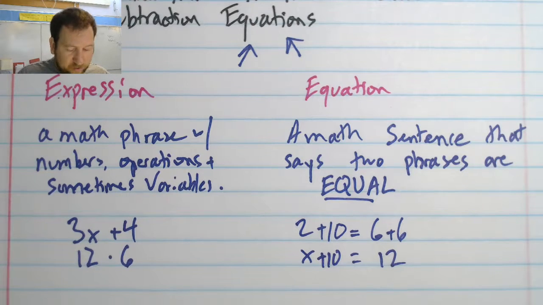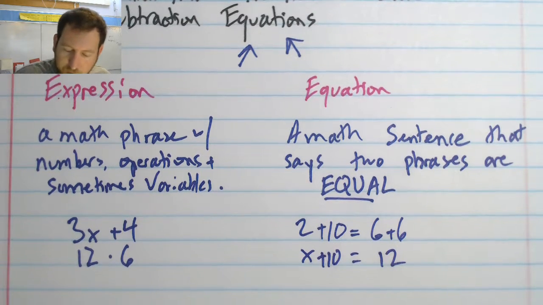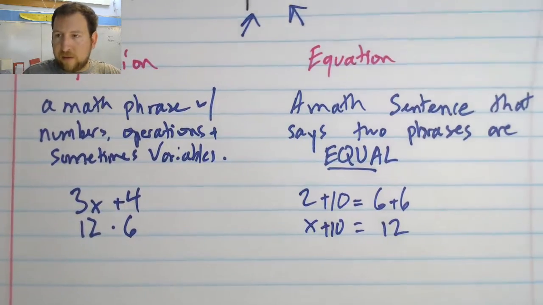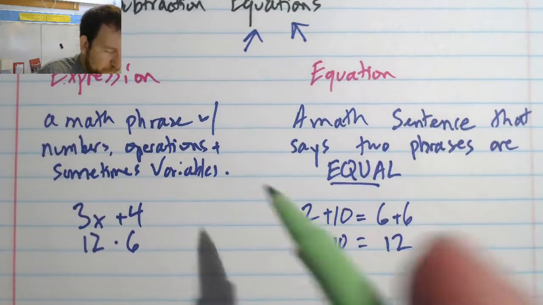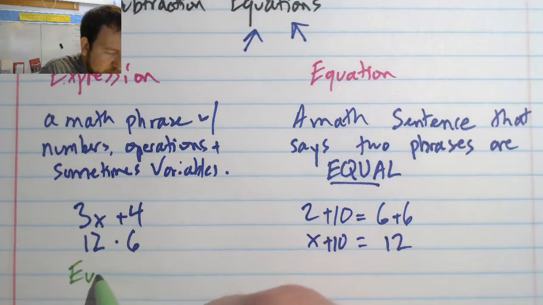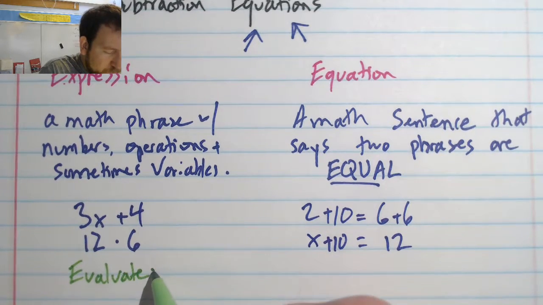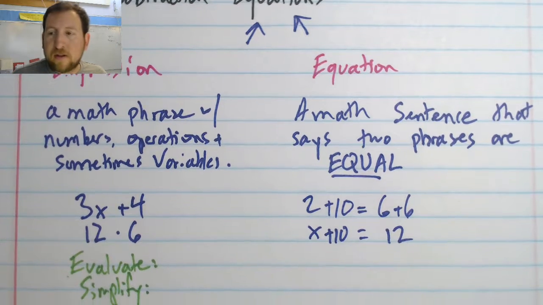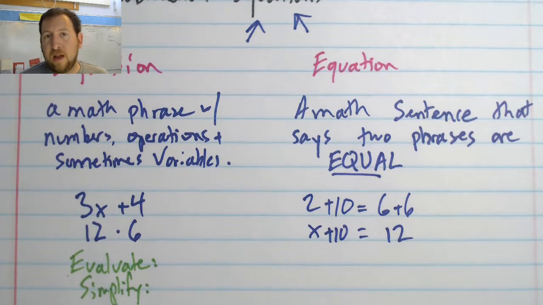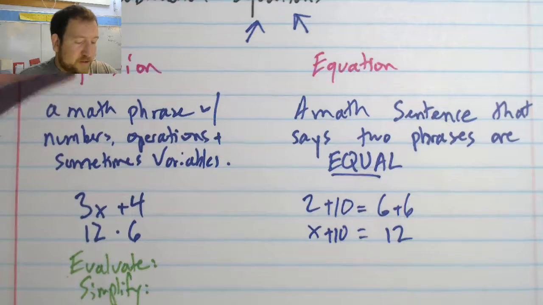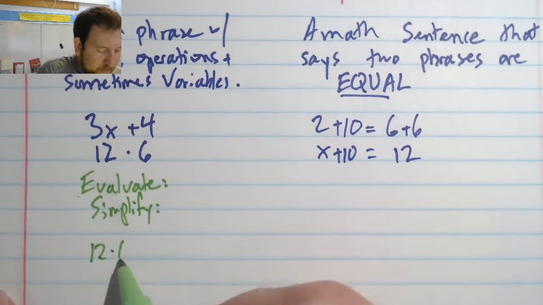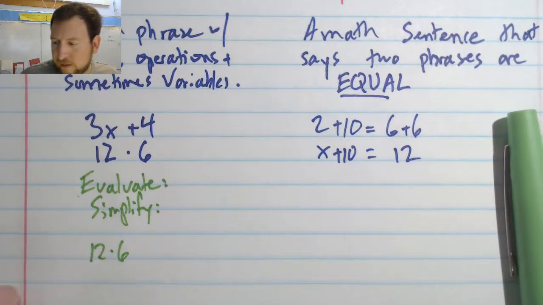Now, with an expression, all that I can do is evaluate. That means I can simplify, and I can tell what it means after I work with it. For example, I can make 12 times 6 into whatever 12 times 6 is.